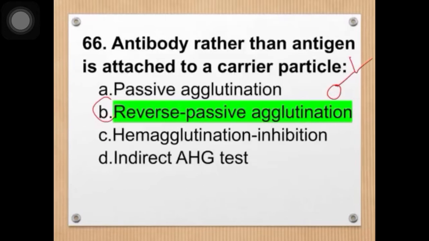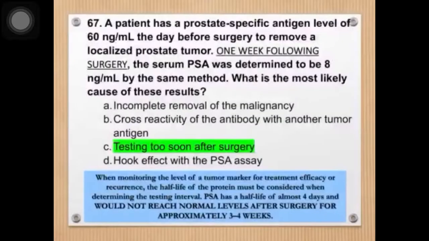Number 67, a patient has prostate-specific antigen level of 16 nanogram per ml. Ang reference po dito, 0 to 4 nanogram per ml. The day before surgery to remove a localized prostate tumor. 1 week after surgery, the serum PSA was determined to be 8 nanograms, so mataas pa rin po by the same method.